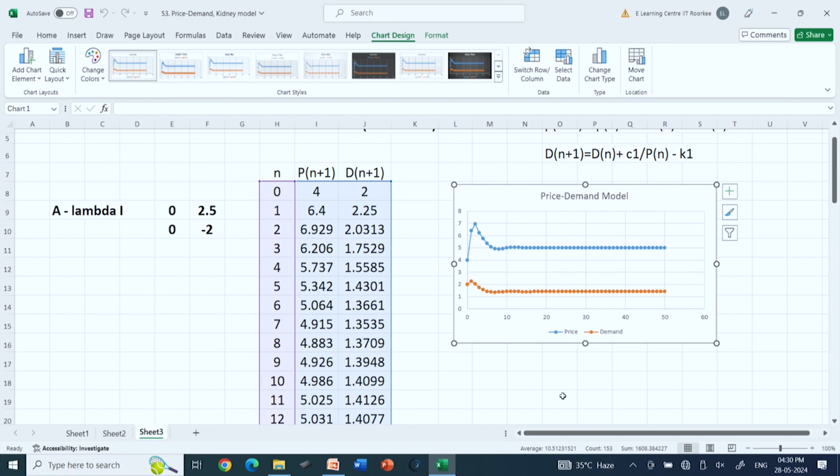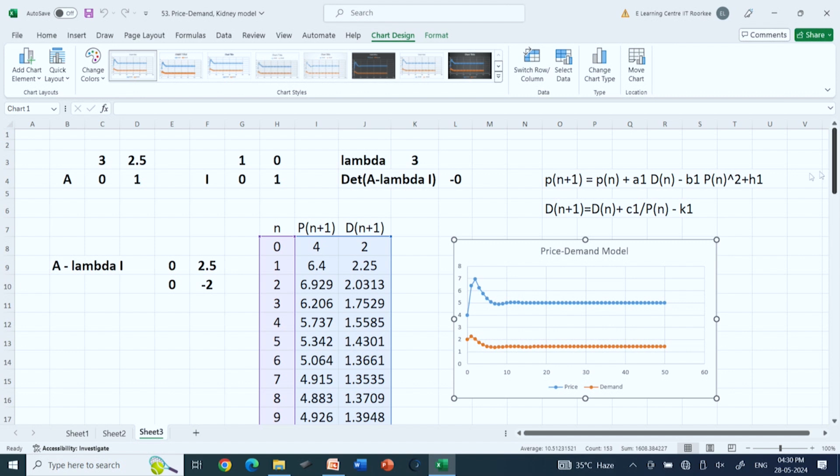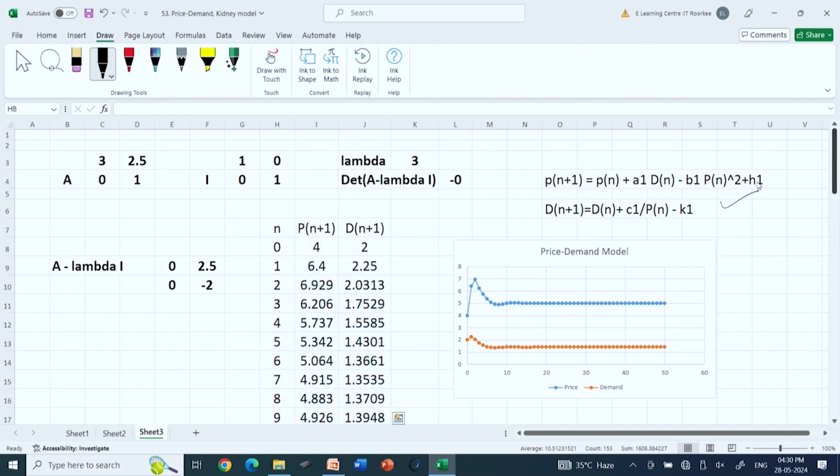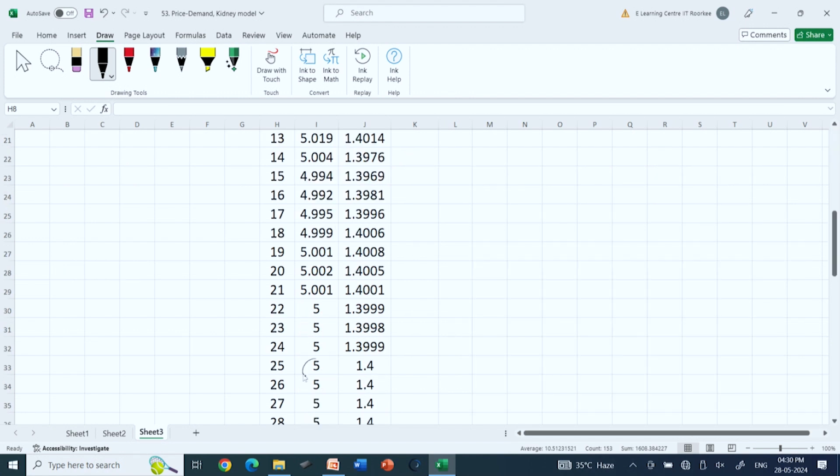What you just see is that we have numerically drawn the figure of this model which we were describing, the price and demand model. Initially there is an increase of price and an increase of demand, and ultimately both price and demand come to a steady value, the steady value being 5 and 1.4.